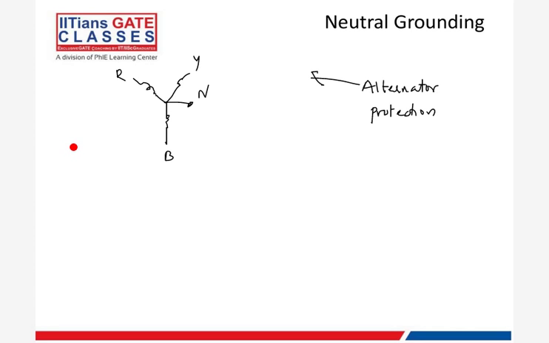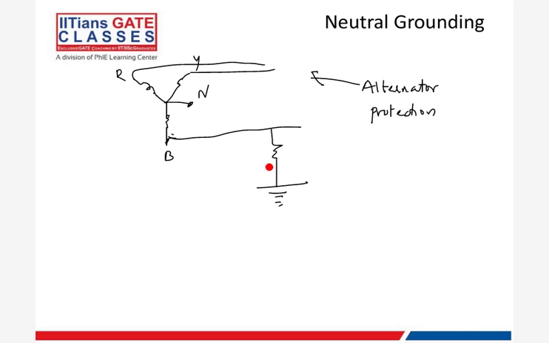The purpose of neutral grounding is to provide a closed path for a fault current, so that when you have a ground fault, there is a path. Suppose there are transmission lines going on from here, and now a ground fault occurs, like a tree branch falls. Between this and ground, there is no closed path.